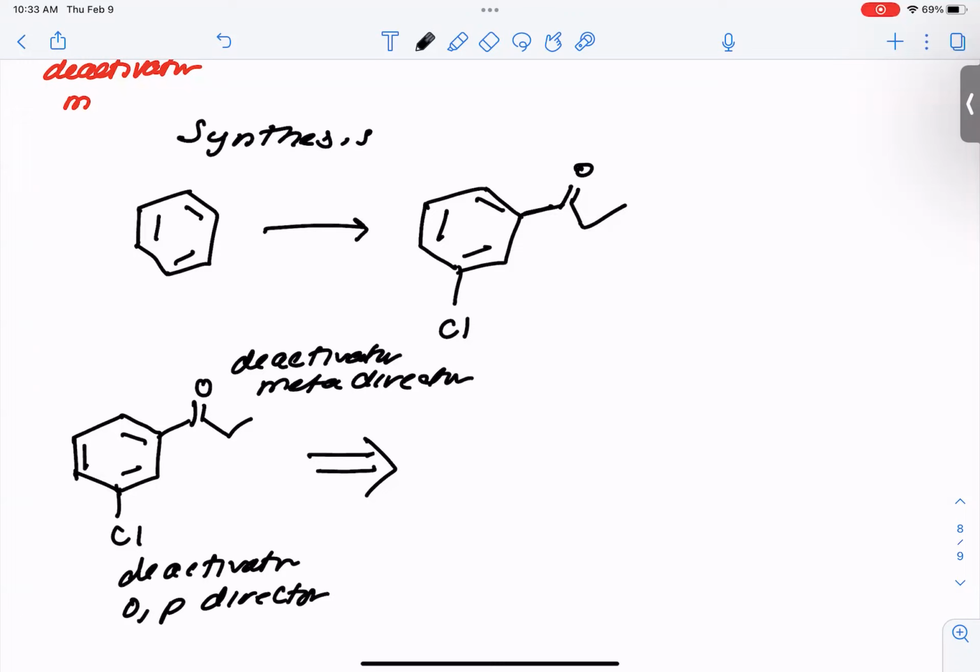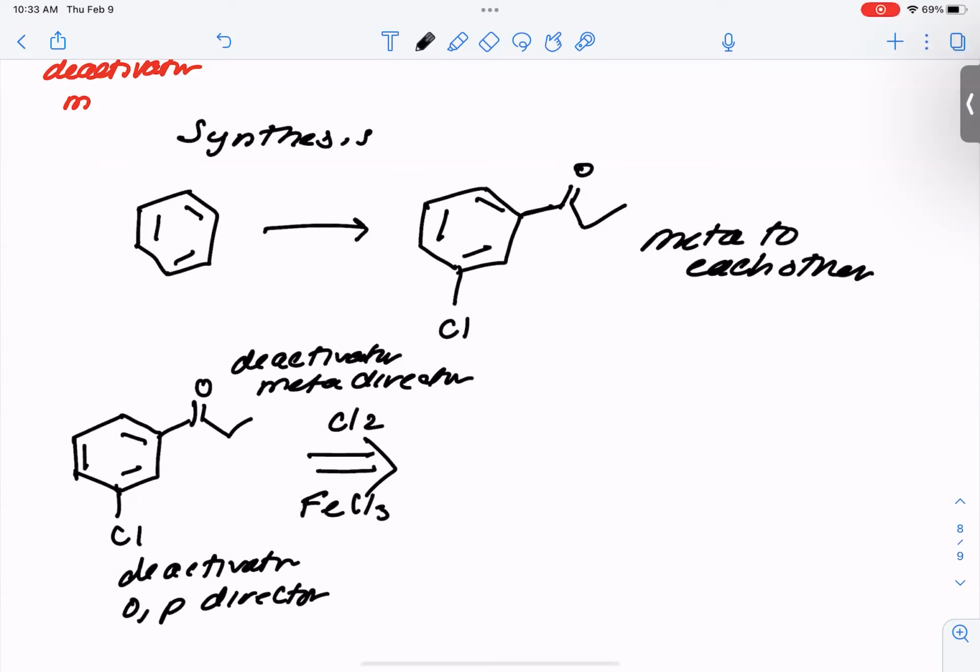Are they ortho to each other, meta to each other, or para to each other? They're meta to each other. Okay, so what did you have to put on first? Right, you have to put on that acyl group first. So that if you were to step this back, the last step would be chlorination.